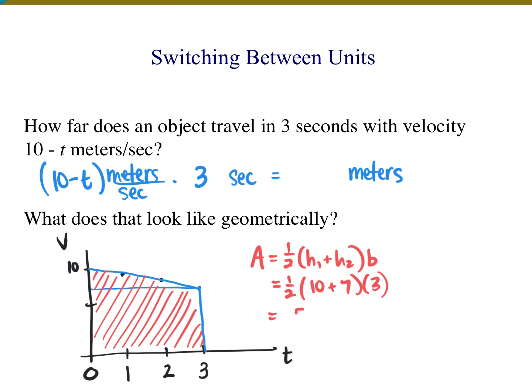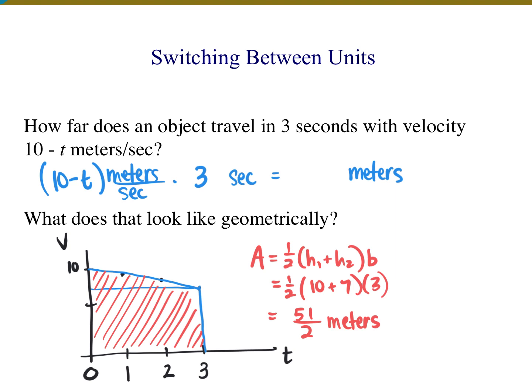So 51 over 2. Okay, that's less. It covered less. It was 30 last time. Now it's 25.5. Okay, 51 over 2.